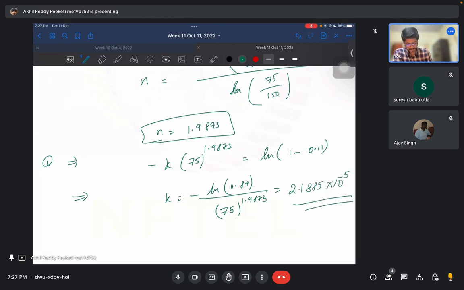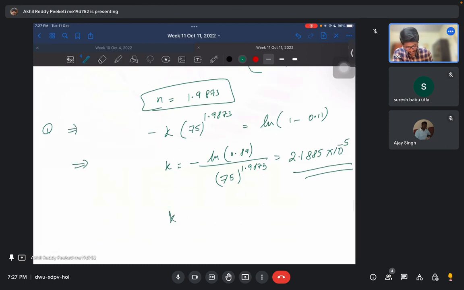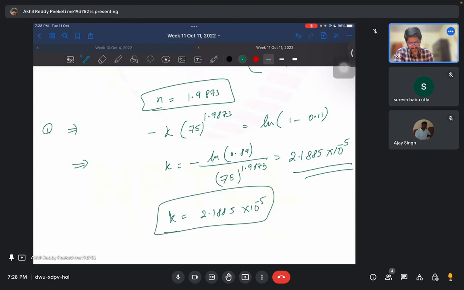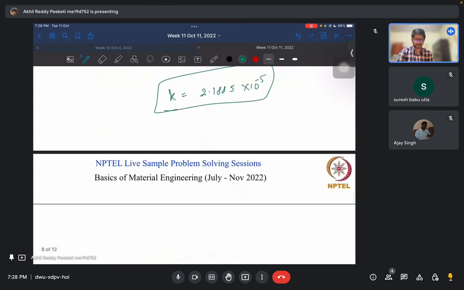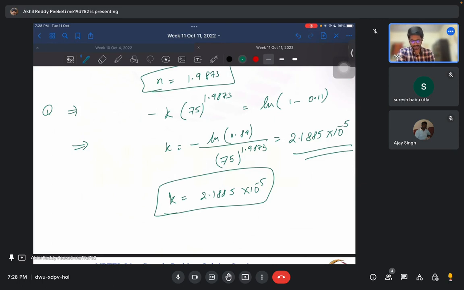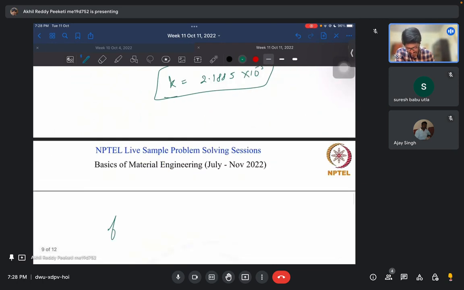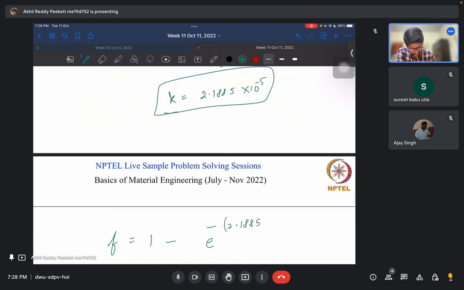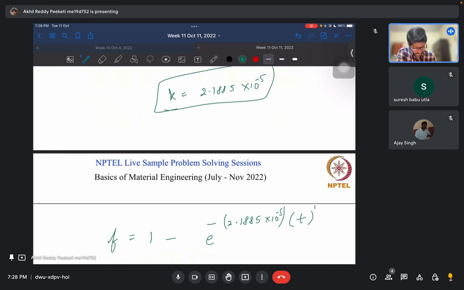So now we got k and n, right? The constants in the temporal variation of the fraction. So the final equation for the fraction would be 1 minus e power minus k into t power n.